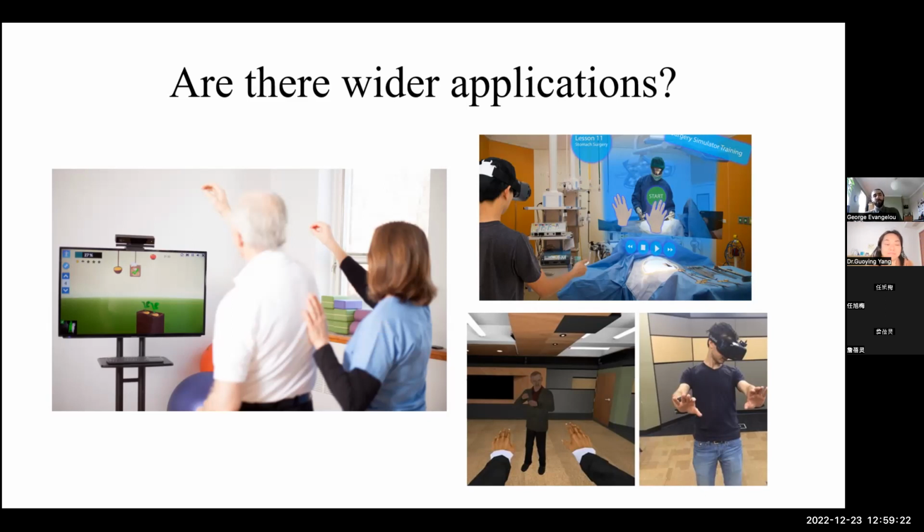Yeah. Okay. So are there wider applications then of this, the virtual self, and kind of understanding the self in VR? So we know that in training environments, these sensory motor contingencies, so when the movements are mapping well with the user, this can reduce cognitive load. So the user doesn't need to think so much about all these discrepancies that are going on, and that benefits them in training environments where they perform better and so on.